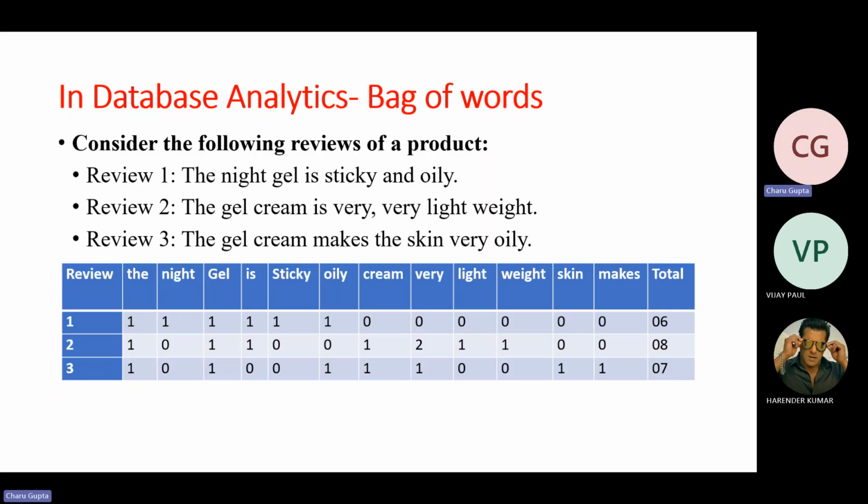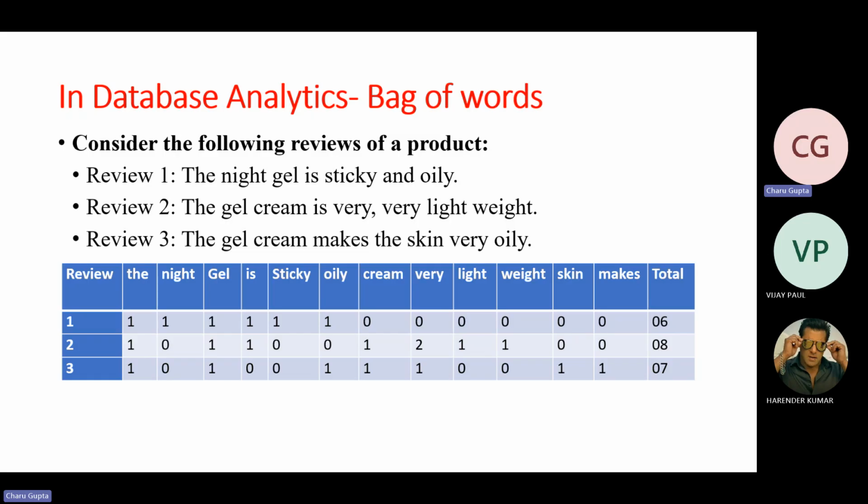Now, this is an example. I have three reviews for a certain product. Review number one says the night gel is sticky and oily. The second review says very, very lightweight. The third says it is making the skin very oily. Now, these are the three documents.